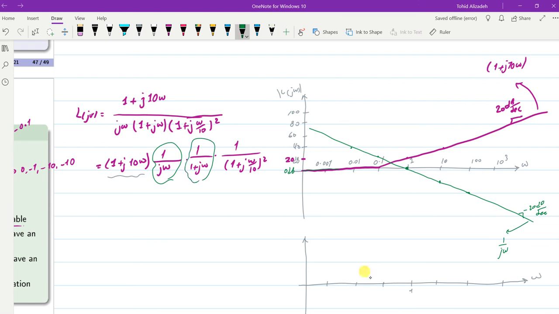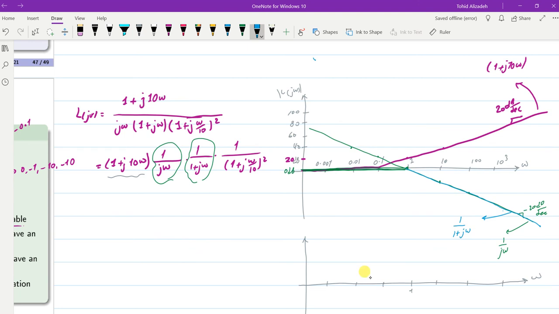The next component is 1 over 1 plus j omega. For that component, the amplitude till omega equal to 1 will be 0. And after that, we will have minus 20 decibel per decade. So we have the same slope that we had for the pole at the origin, this time for 1 over 1 plus j omega.